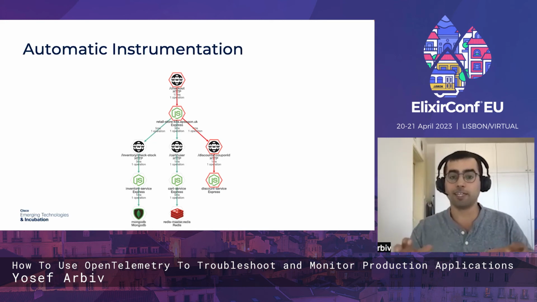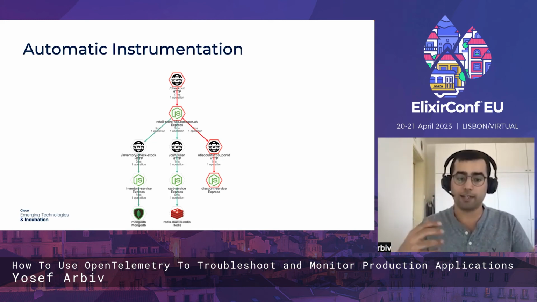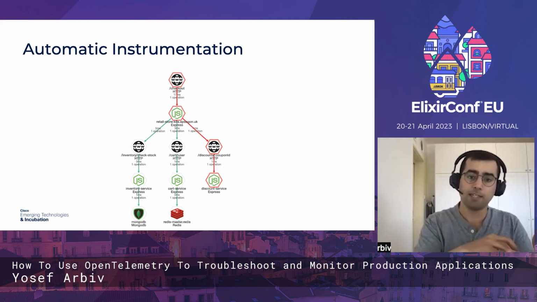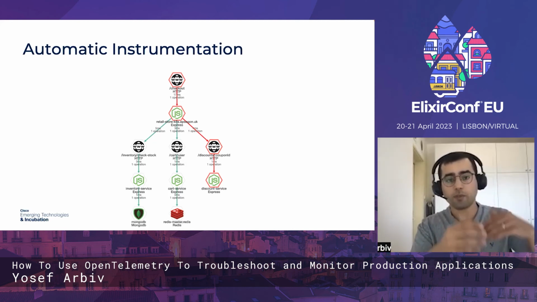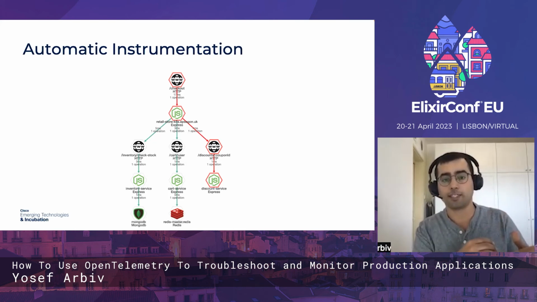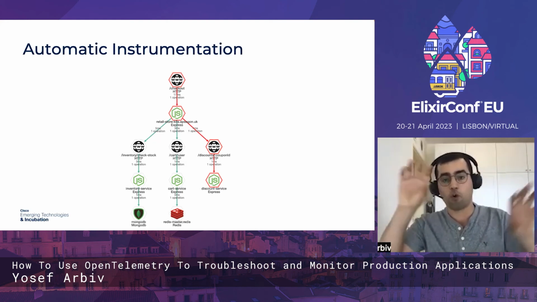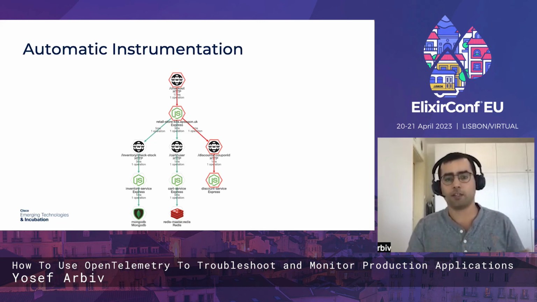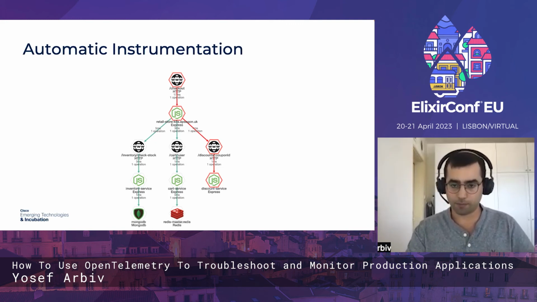And those instrumentations deal with creating those spans, collecting the data from the request, and embedding it inside the spans, and also propagating the context between the spans. So we can connect the spans from the different microservices into a single distributed trace, as we see here. So all of this work is created for you by the instrumentations of OpenTelemetry.